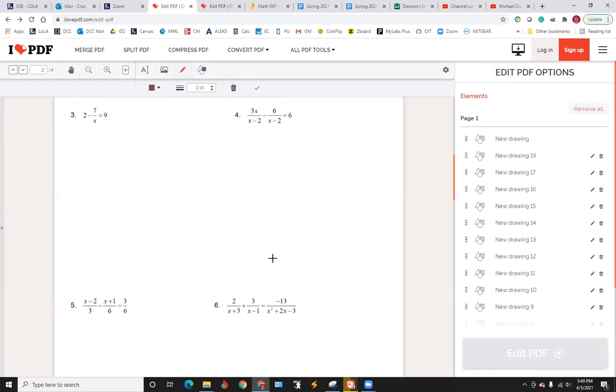All right, see if you can do number 3. Identify the LCD, then multiply everything by the LCD. See, these are over 1. So there's really only one thing down there. It's not 1, and it's x. So the LCD is x. Multiply everything by x.